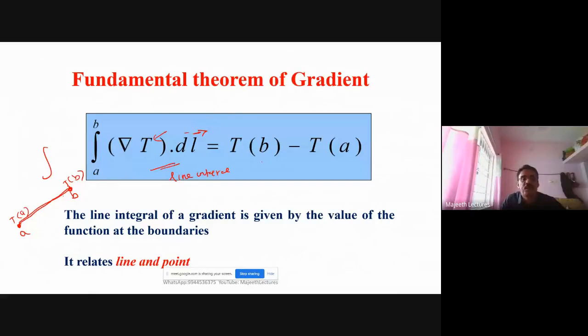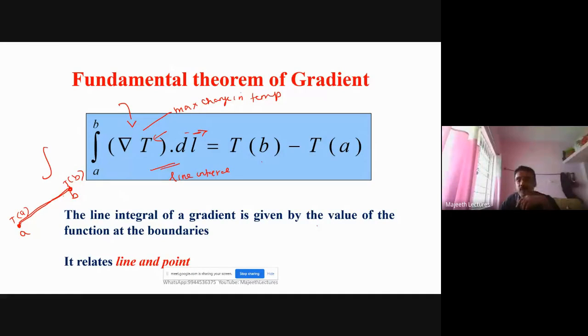This theorem is applicable only when we have del T, right? Because this is talking about maximum. Del T is talking about maximum change, I told you. Maximum change in temperature. So this is a very, very important point. So this fundamental theorem of gradient relates a line and its end.